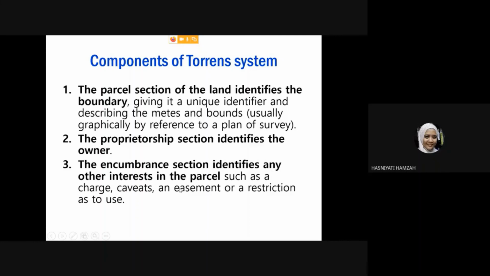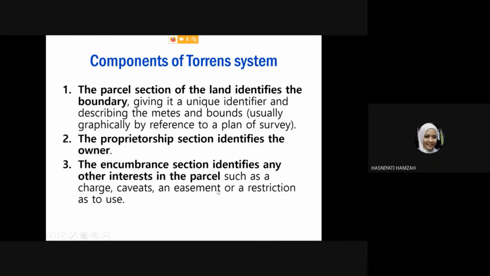A caveat will freeze the title, will prevent any transaction from taking place on the title. Any transaction means you cannot sell, cannot lease, cannot charge without the approval of the caveator, the bank just now. An easement or a restriction. Easement, what's that? Easement is a right of way.